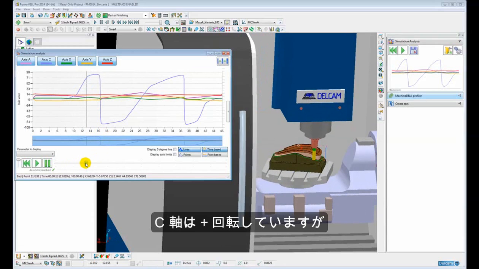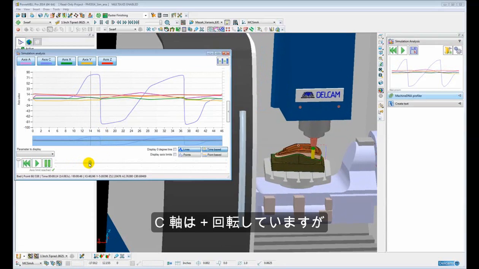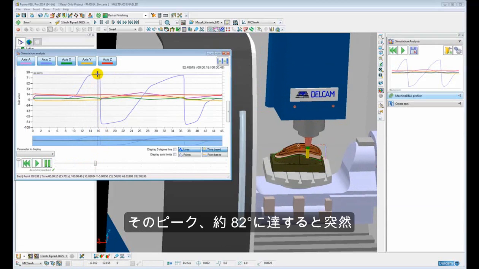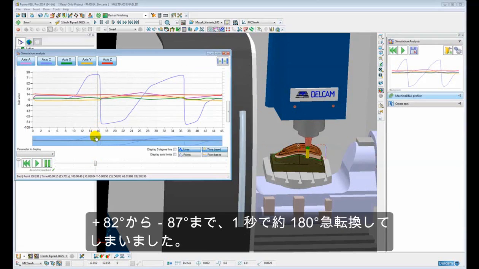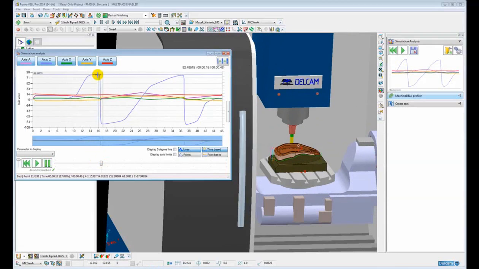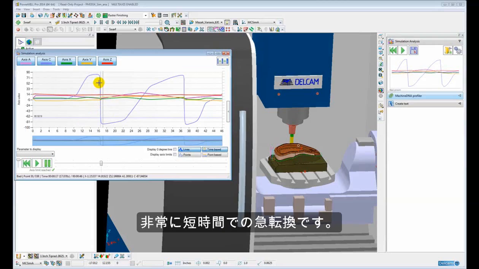So you can see the C axis is rotating positively, and then all of a sudden it reaches this peak of around about 82 degrees, and over the time period of what is literally 1 second, we have an almost full 180 degree swing of the C axis from positive 82 degrees to negative 87 degrees. This all occurs over a very small distance, over a very small period in time.